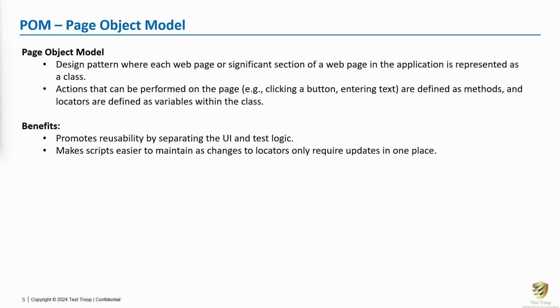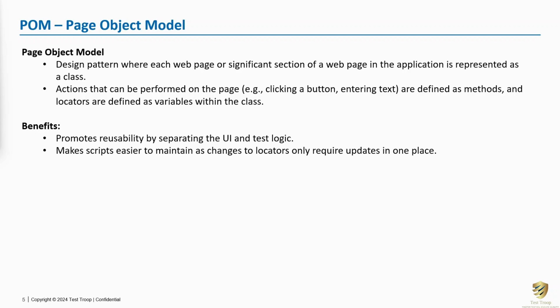In a page object model, we put the locators as well as the functions that operate using these locators, with an element pertaining to a particular web page or related web pages in an application, into a single class. That is called a page object model.